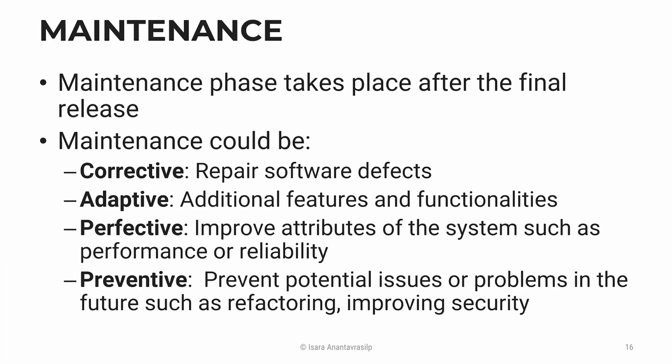Last kind of maintenance is preventive maintenance, or sometimes it is called proactive maintenance. This kind of maintenance involves making changes to the software to prevent potential issues or problems that might occur in the future. For example, code refactoring, performance tuning, and security improving.